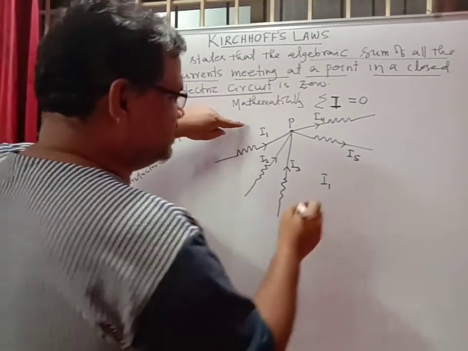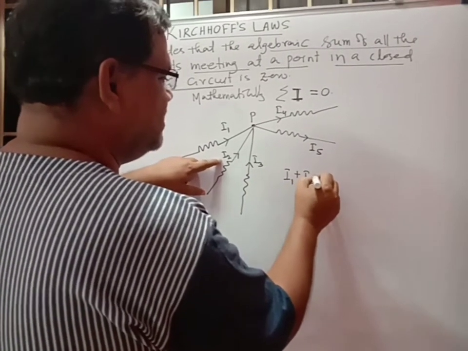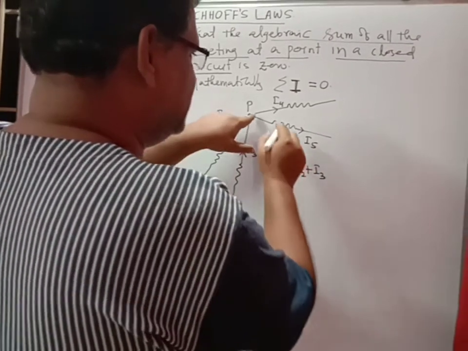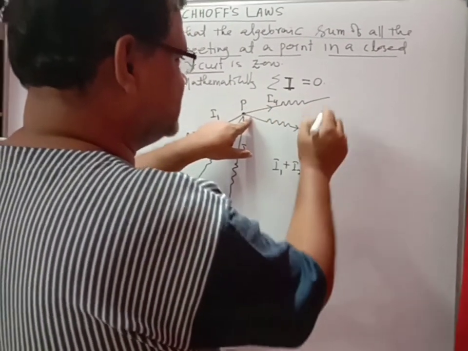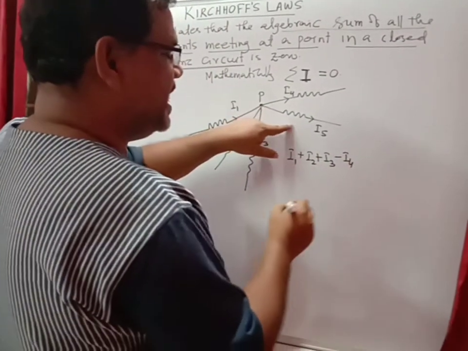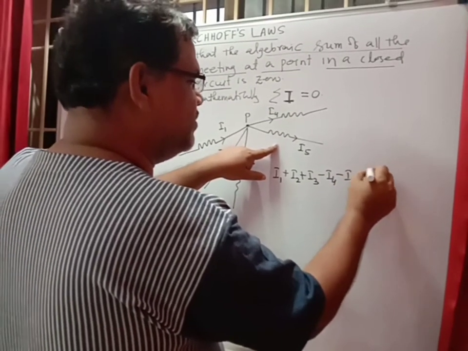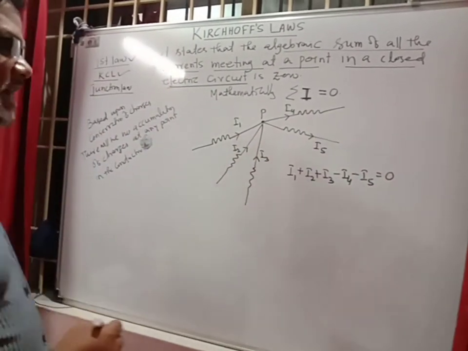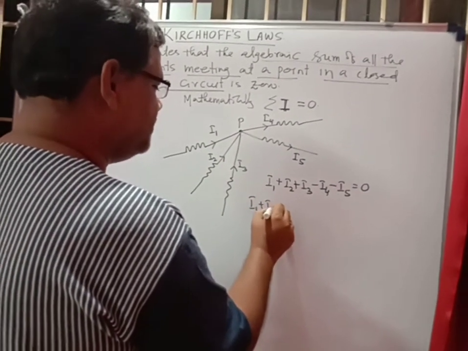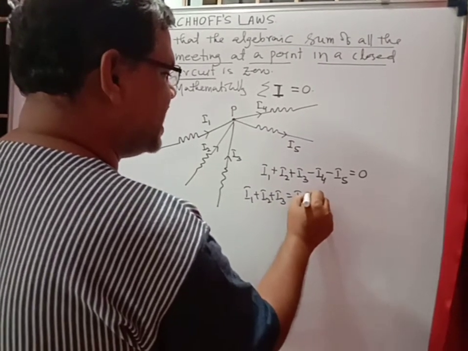So I1 plus I2 plus I3, minus I4, minus I5, is equal to 0. That indicates I1 plus I2 plus I3 is equal to I4 plus I5.